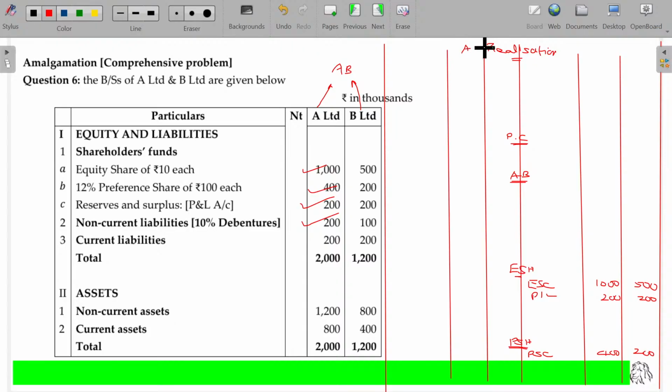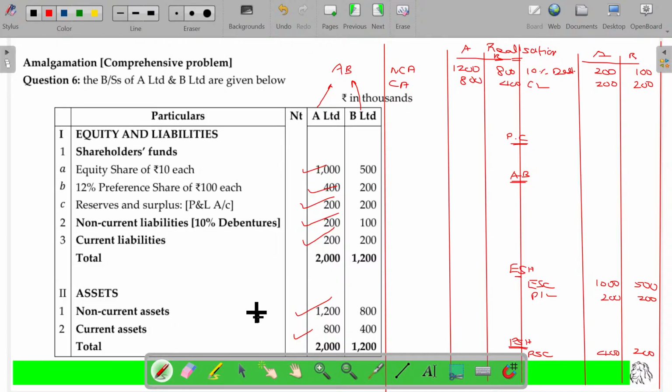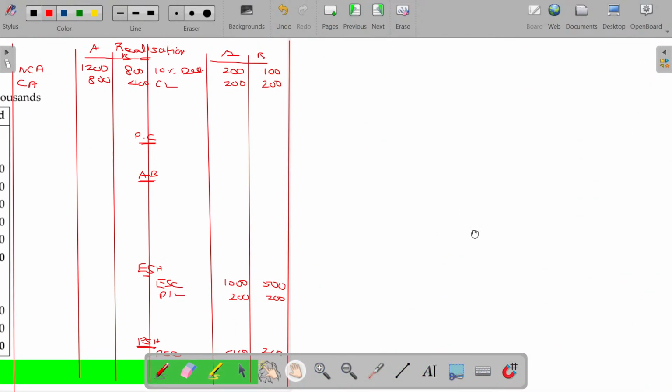So this will be for A, this will be for B. 10% debentures, value being 200 and 100, current liabilities being 200 and 200, non-current assets 1200 and 800, current assets being 800 and 400. Clear?